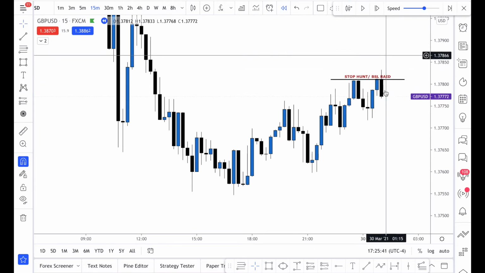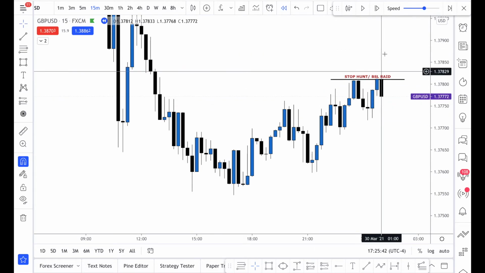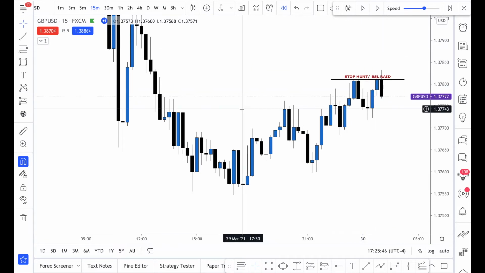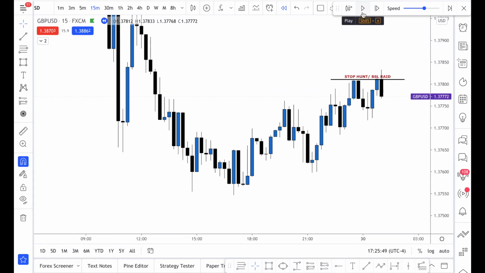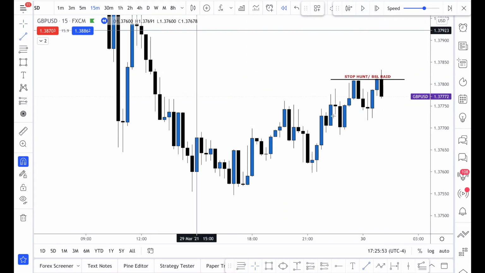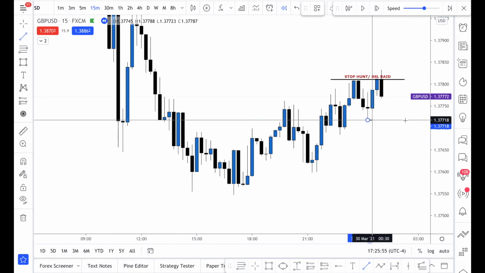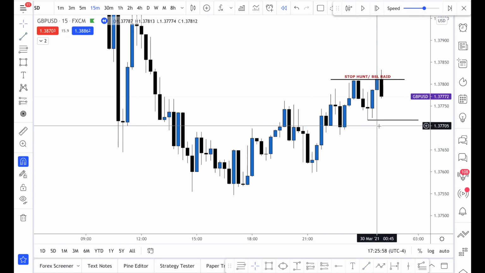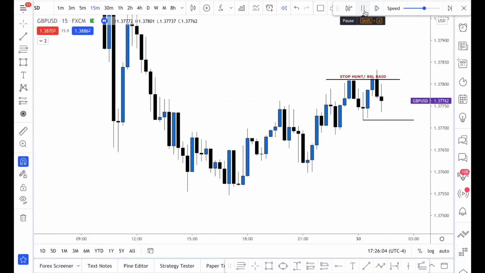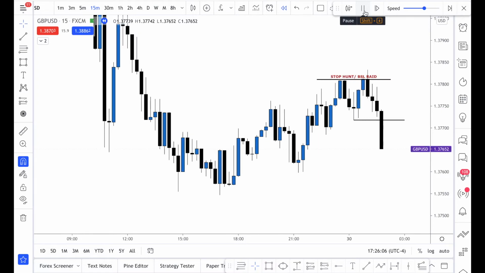So now buyers are trapped. And so what we can expect here is I would need to see a break in structure. So my eyes go here next, and I would need to see a break in this structure happen next. Let's see what happens. Okay, boom.